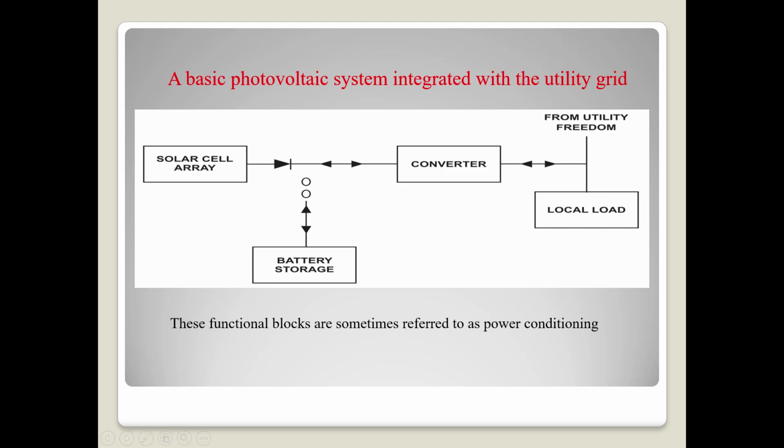If you see, in between the solar cell array and the battery storage, there is an arrow with a line, isn't it? That we say as a diode. What is the use of a diode? It will allow the flow of current in only one direction. Whenever the solar cells are irradiated with the sun's radiation, the energy is going to flow into the battery. There is no reverse flow of energy from the battery to the solar cells.